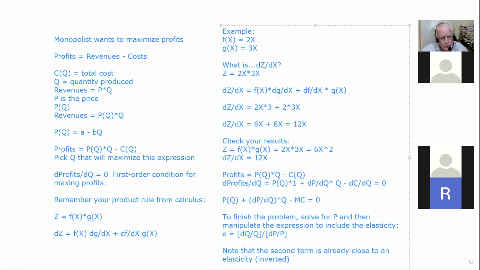So I will leave it to you by Friday to determine how to finish the problem. All that you really need to do is to find some way of expressing the second term as an elasticity.